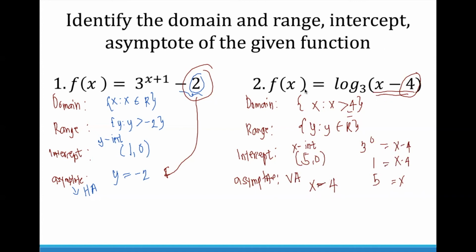As you can recall in the properties or in the general form of the logarithmic function. So again, we have the sample in finding the domain and range, the intercepts and asymptote for an exponential function and a logarithmic function.